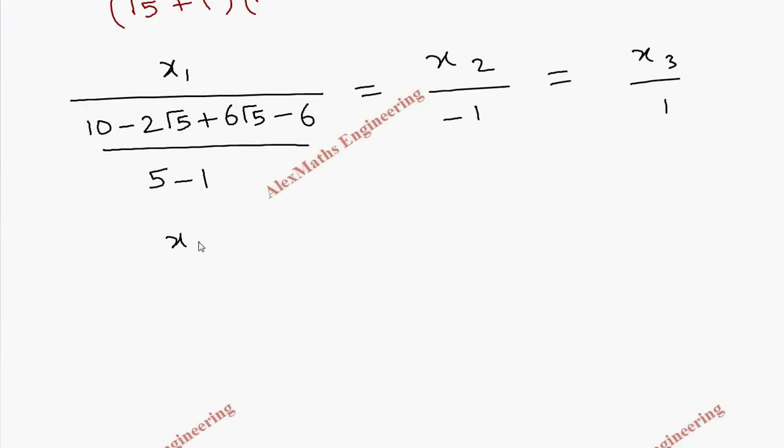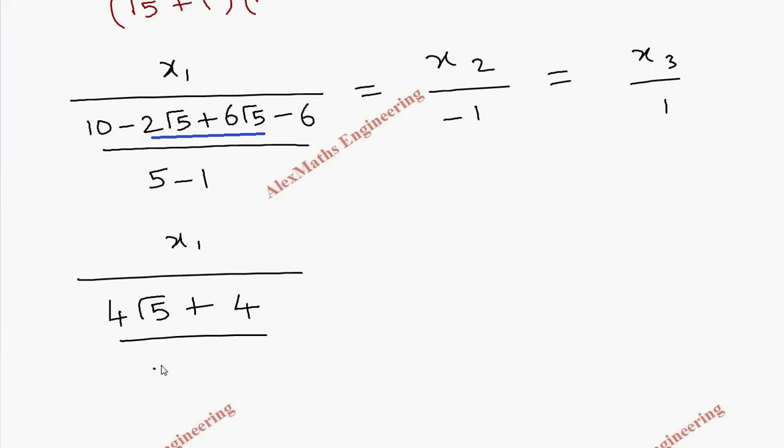Now x1 by, we can first write the combination of these two, that is 6 root 5 minus 2 root 5, which is 4 root 5, plus 10 minus 6, which is 4, divided by 5 minus 1, which is 4. And the second part and third part as it is.